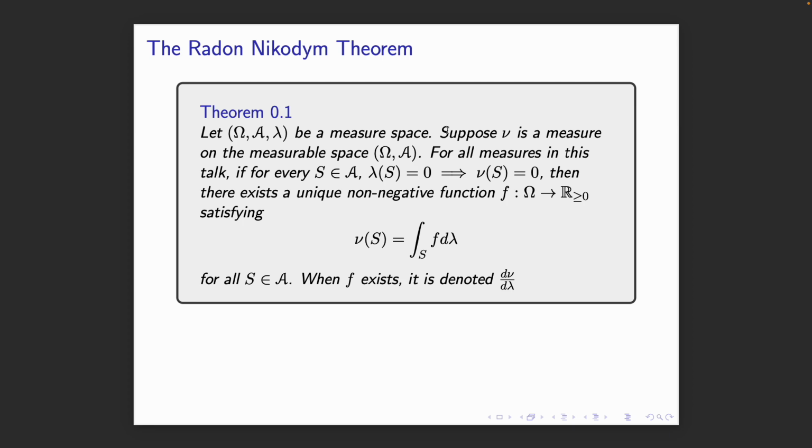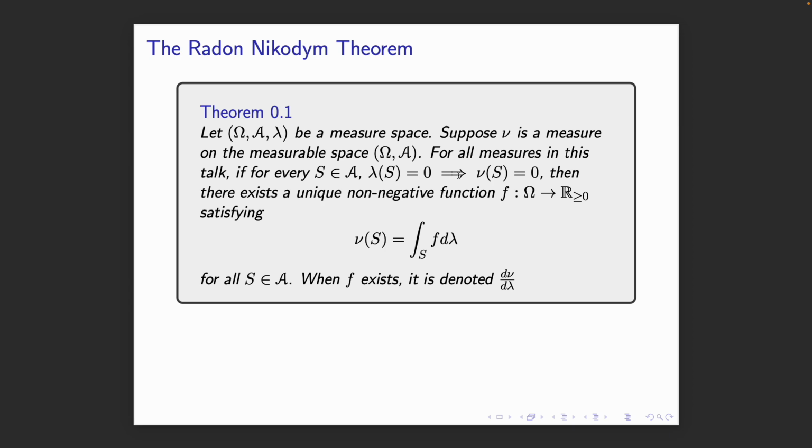We have this idea of absolute continuity. If for any measurable set S in the space, when lambda of S equals 0, so its volume with respect to lambda is 0, that implies that the measure with respect to nu is also 0, then we say that nu is absolutely continuous with respect to lambda.